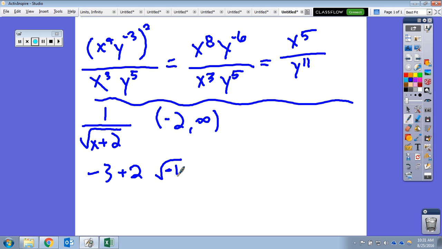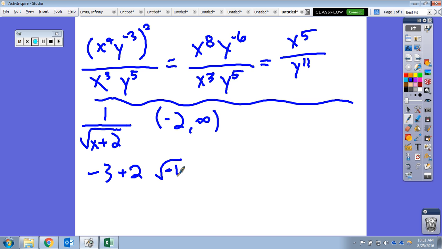Can you show a step between the given and your interval? Maybe I'll just say it: x plus 2 must be greater than 0.